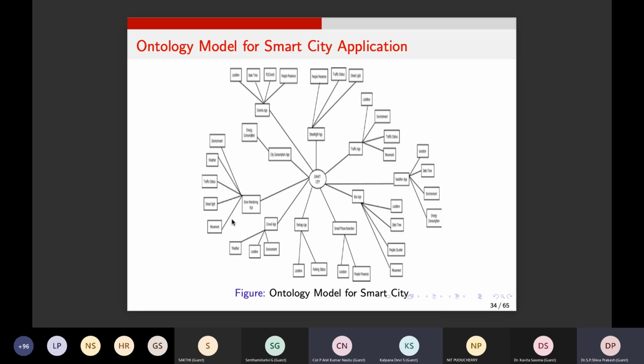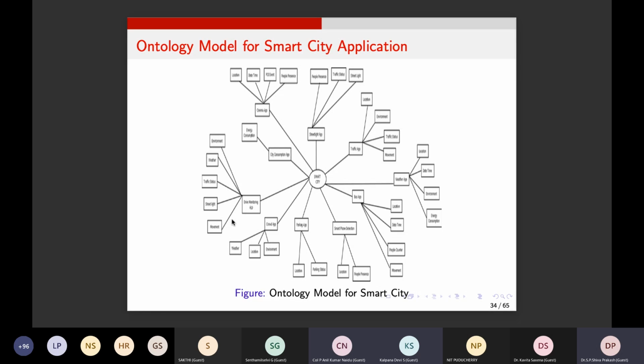If you take the city consumption app, it uses energy consumption as an individual. Whereas the street light app checks the people's presence, the traffic status, and the street light.